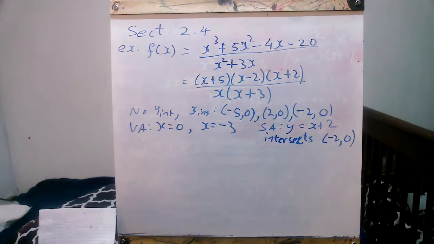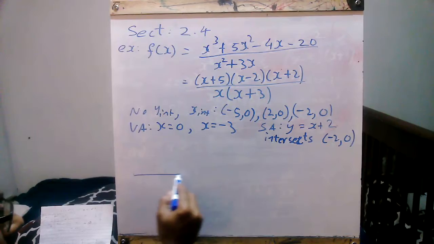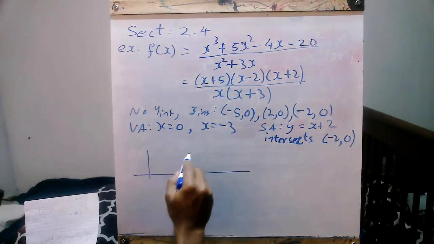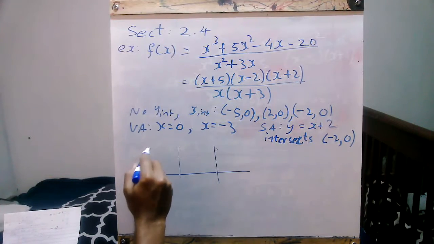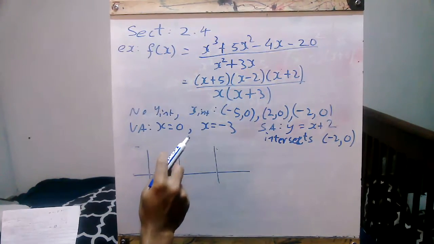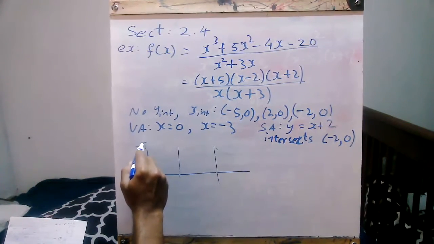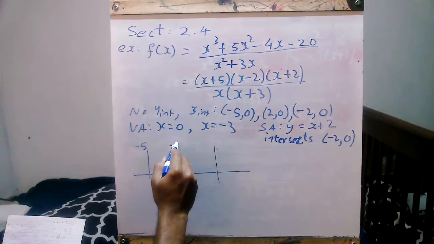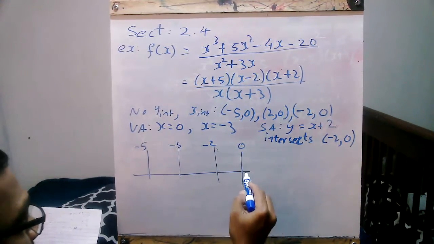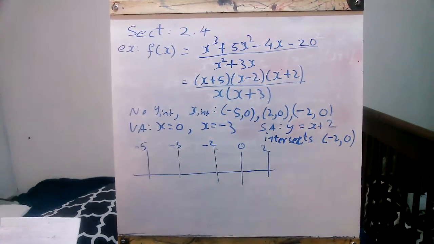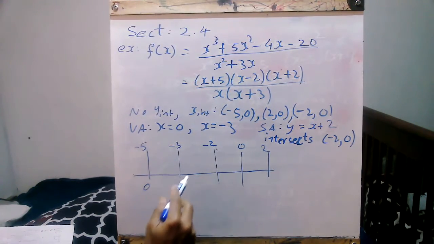Now we can do the sign analysis. The points are negative 5, negative 3, 3, negative 2, 0, 2. Is equal to 0.